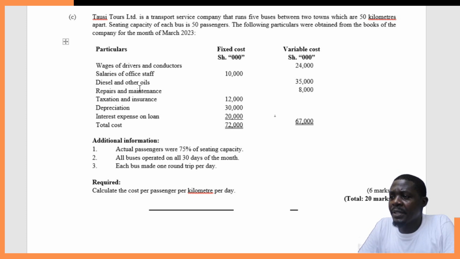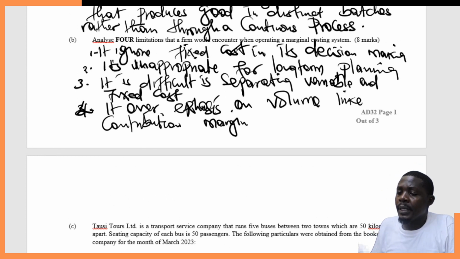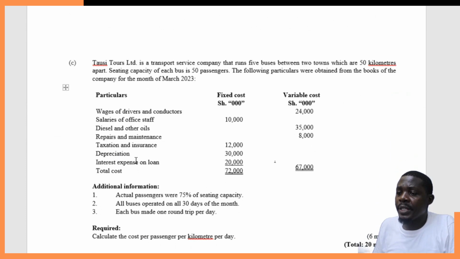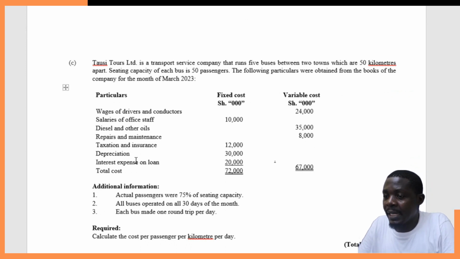We have the fixed cost and the variable cost: wages of drivers and conductors, salaries of office staff, diesel and other oils, repair, maintenance, taxation, insurance, depreciation, interest expense on loan.